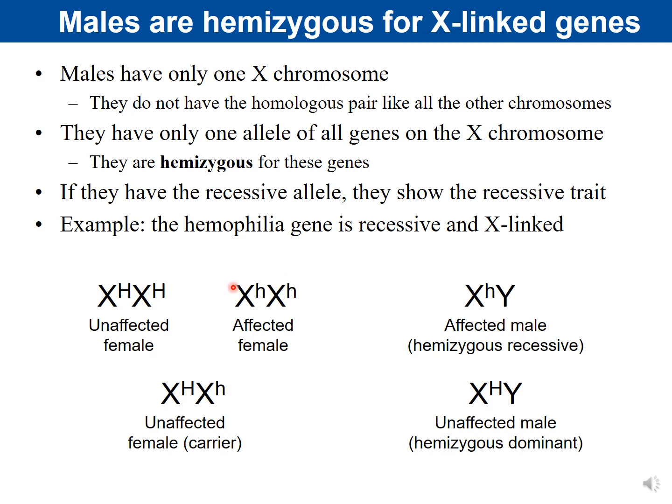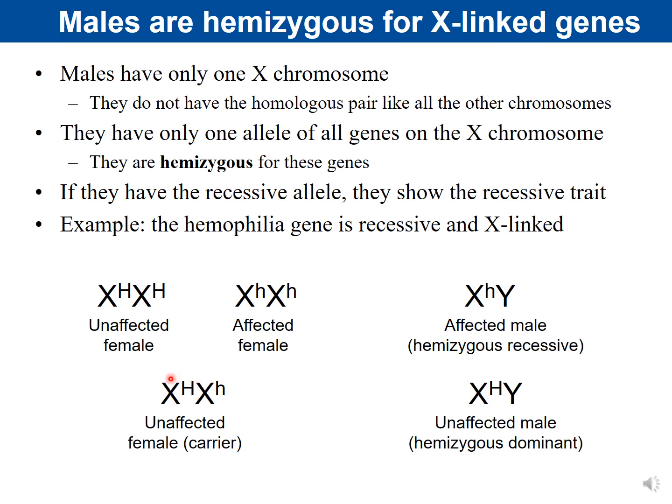Now, let's think of another example. If we have a female who is affected, so if she is X little h, X little h, who else in her family definitely has hemophilia? So does mom have to have hemophilia? The answer is no. Her mom does not have to have hemophilia.